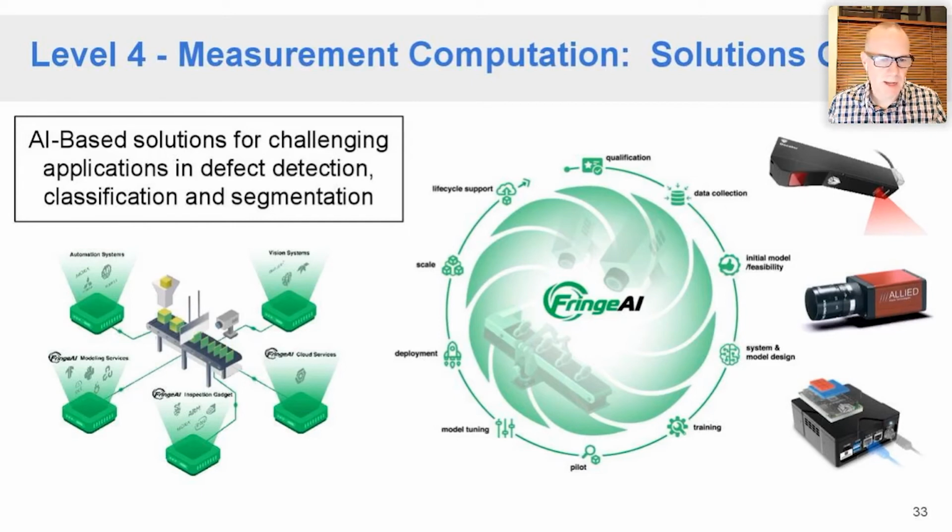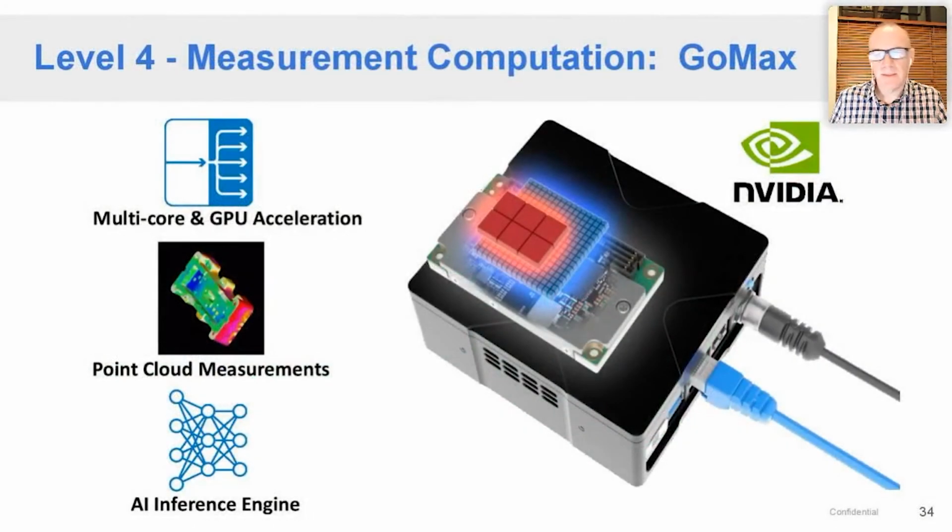So we have entered the AI field, and this is done not only with 3D, but we can also do it with 2D. And one of the things that enables that is this GoMax. Inside the GoMax is an NVIDIA Jetson GPU processor. This is the principal device that is used in AI these days.